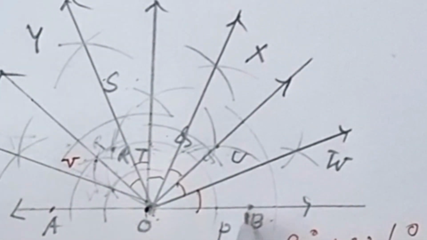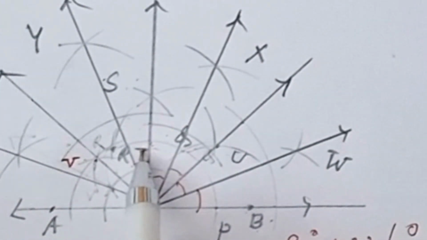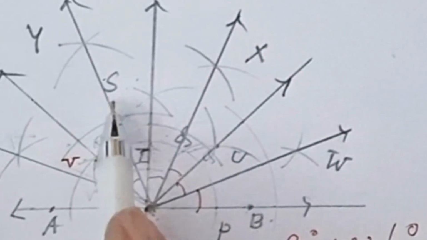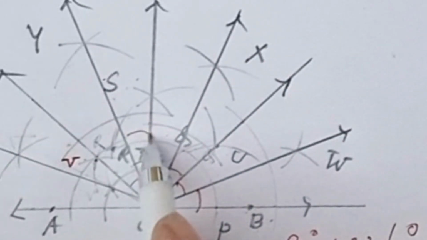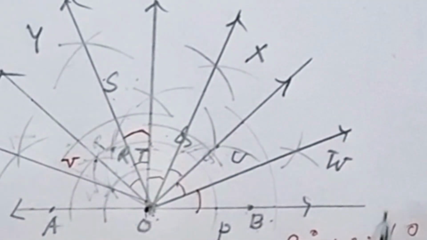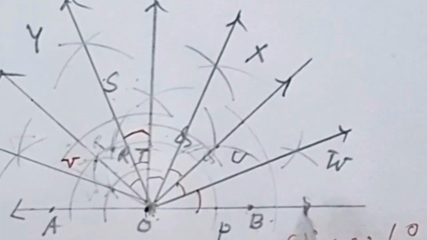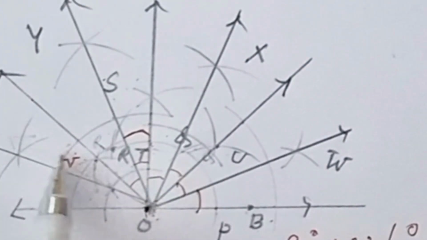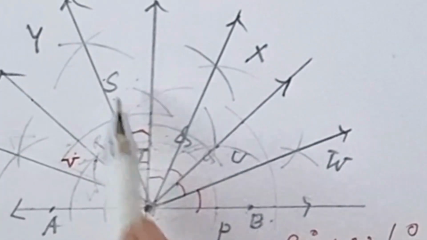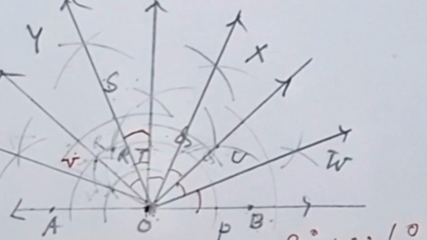Here angle BOT is 90 degree and TOS is 22.5 degree. Therefore, angle BOV is 135 degree and angle BOS is equal to 112.5 degree.